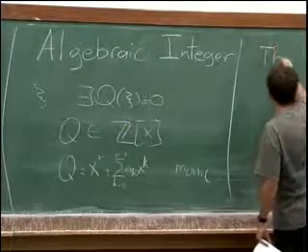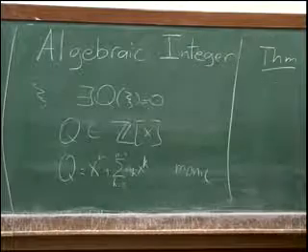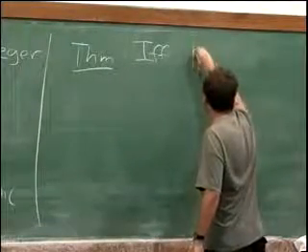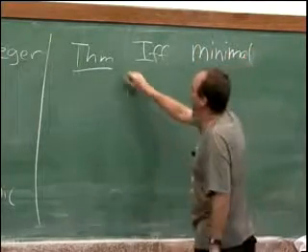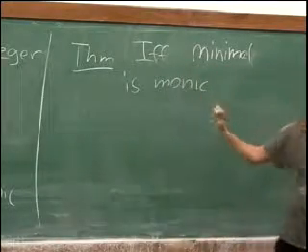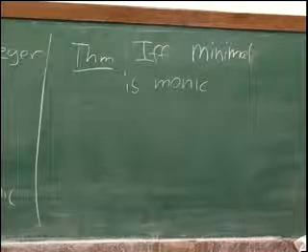So this is already a theorem. Let me not state it. And again, when I say monic, I mean with integer coefficients. Otherwise, it's completely meaningless. You can always multiply by a constant.